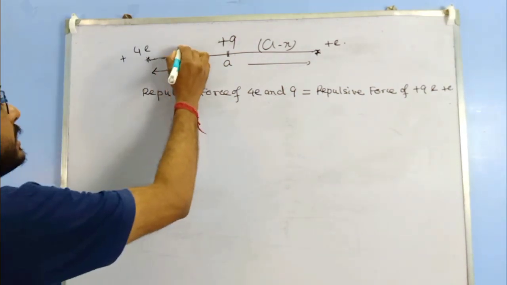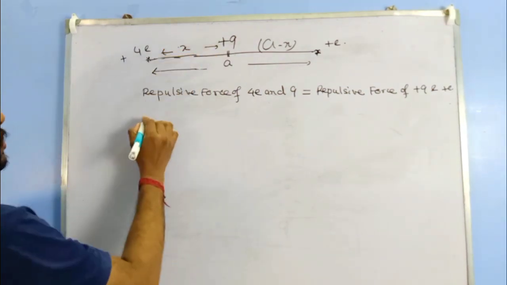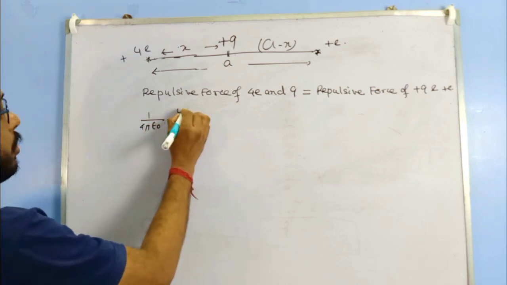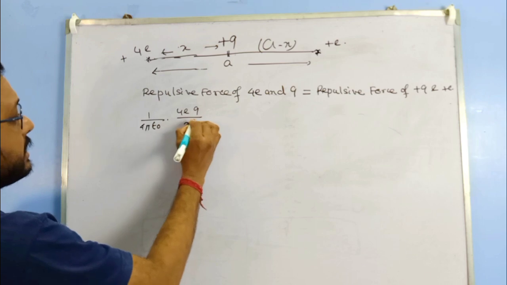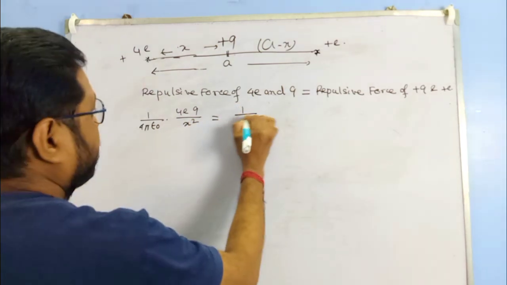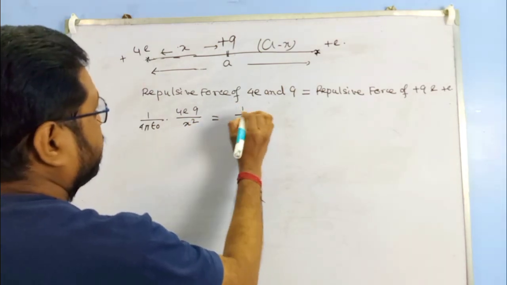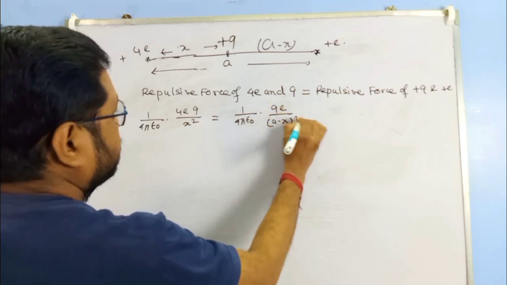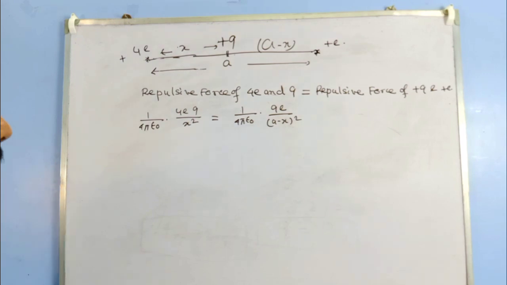This will be at a distance x. So 1 by 4 pi epsilon naught, 4eq by x square, must be equal to 1 by 4 pi epsilon naught, qe divided by (a minus x) square, as per Coulomb's law.